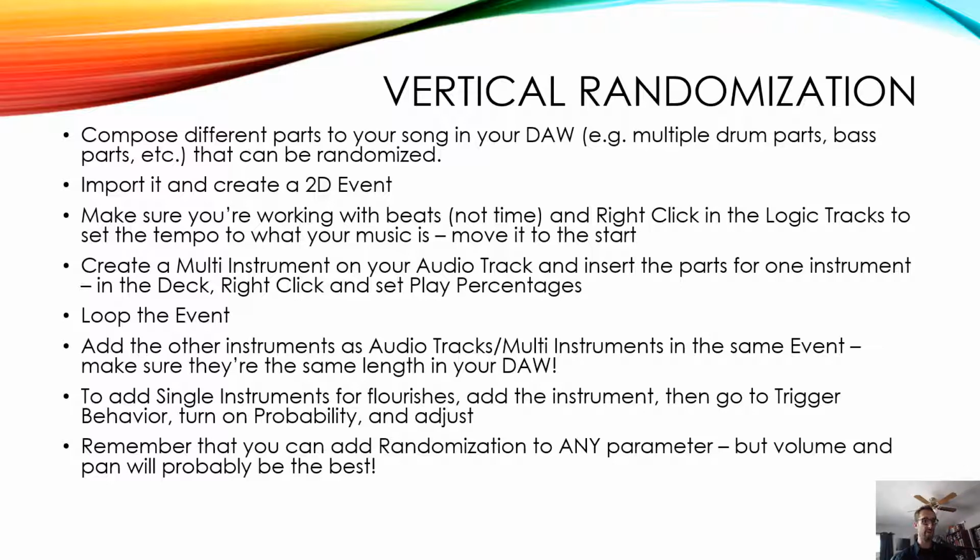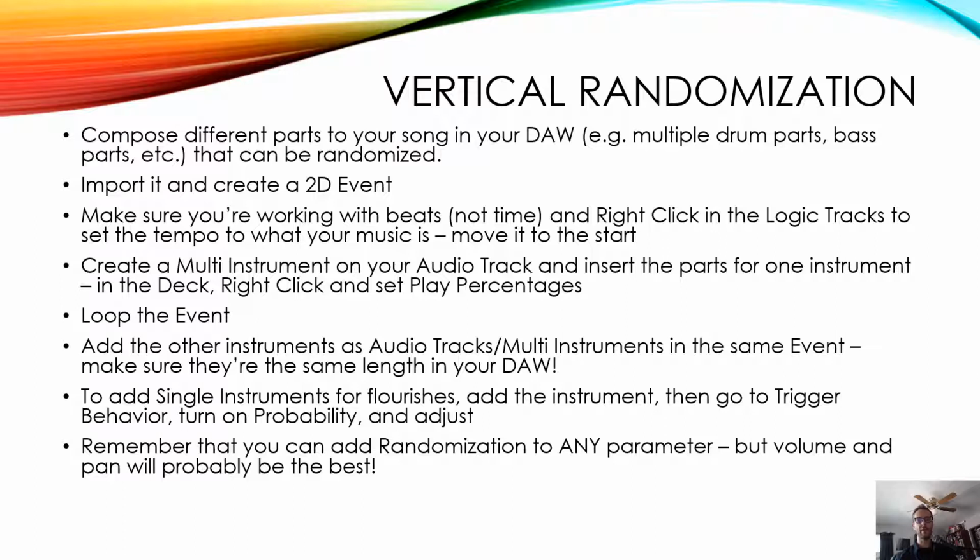We talked in class about how having reverb tails is kind of a problem, so you should avoid that. This is why. You can also add single instruments for flourishes. To do that, add the instrument, then go to Trigger Behavior, turn on Probability, and adjust until it fits your taste.